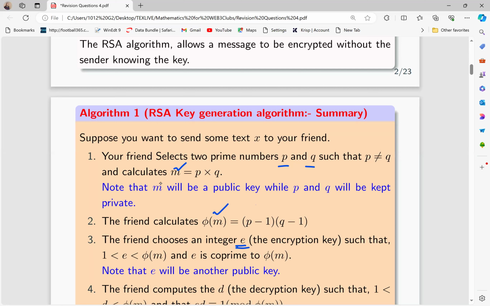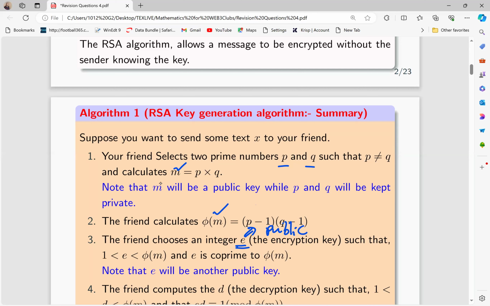Your friend calculates M, the product of the two prime numbers. He then calculates Euler phi of M. After calculating Euler phi of M, he chooses a number E that is relatively prime to Euler phi of M. This number E shall be a public key.